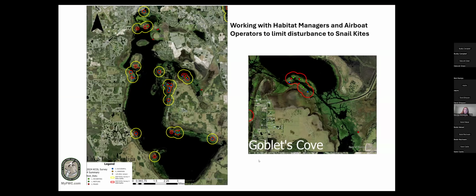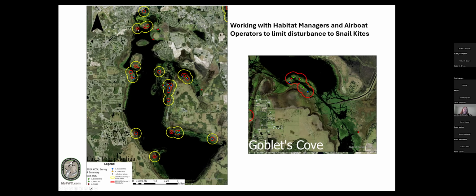An example of how I work with habitat managers, both within FWC and other agencies, is this map here on the left. This is a map of Lake Toho from the 2024 nesting season. This is survey 4, I believe. So using the nesting data that we receive from the monitoring crew, I create these maps with these individual icons of the nest locations.